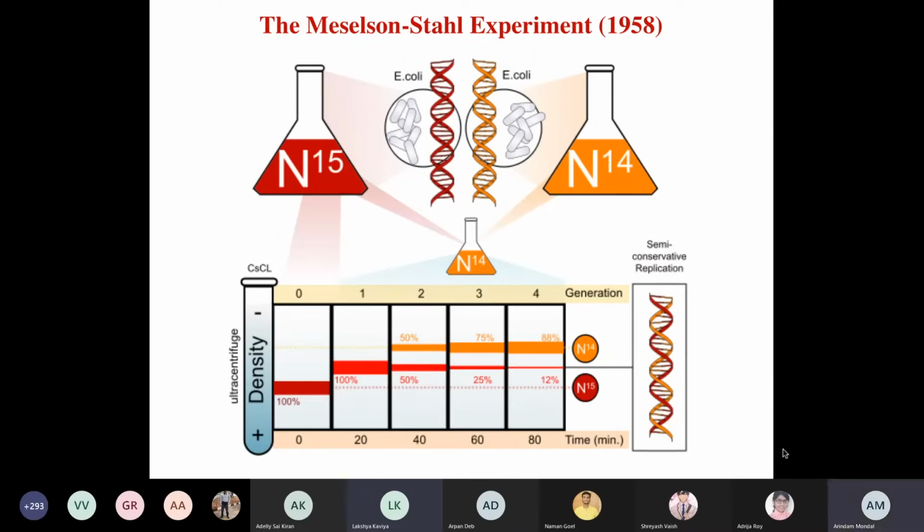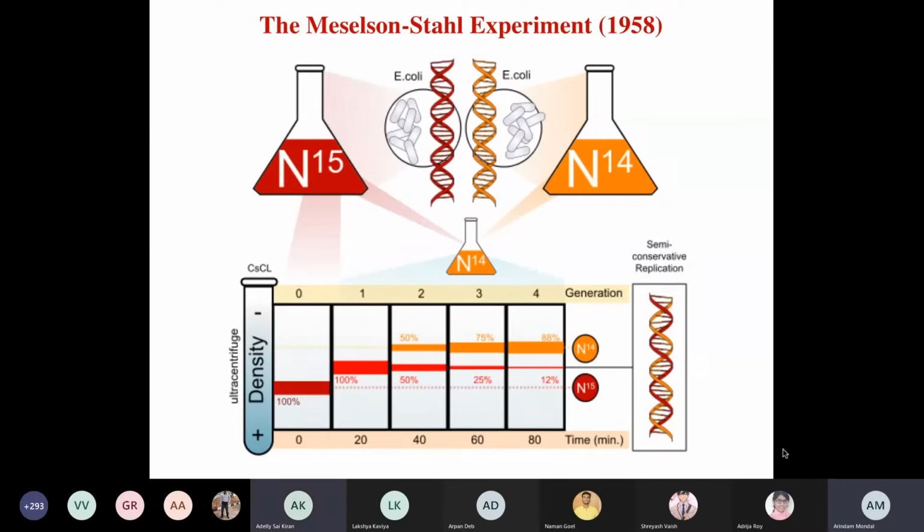Yes, these two isotopes are different in terms of their molecular weight. One has a molecular weight of 14, the other 15, so there is a 1 unit difference.